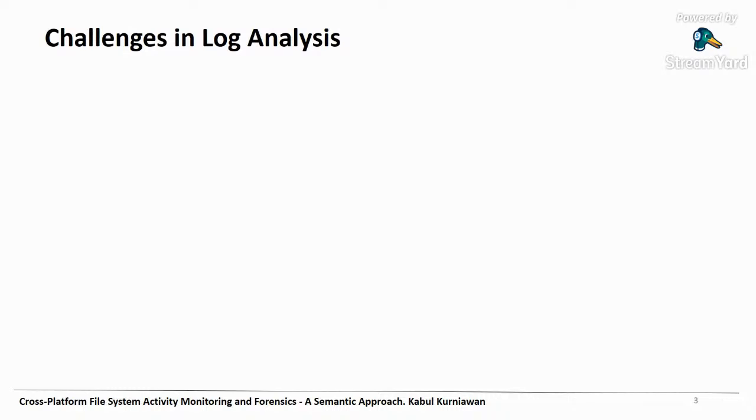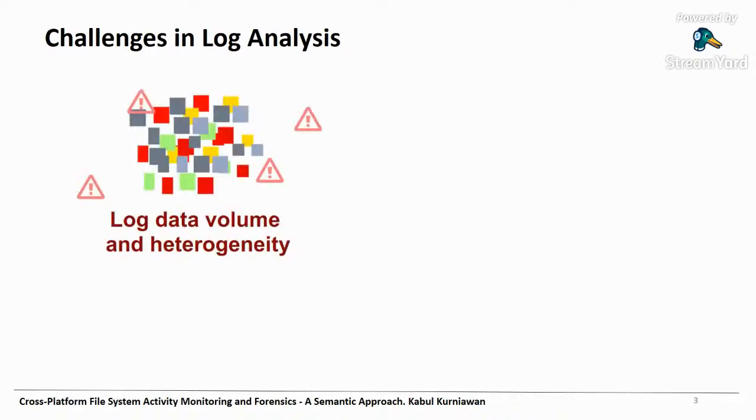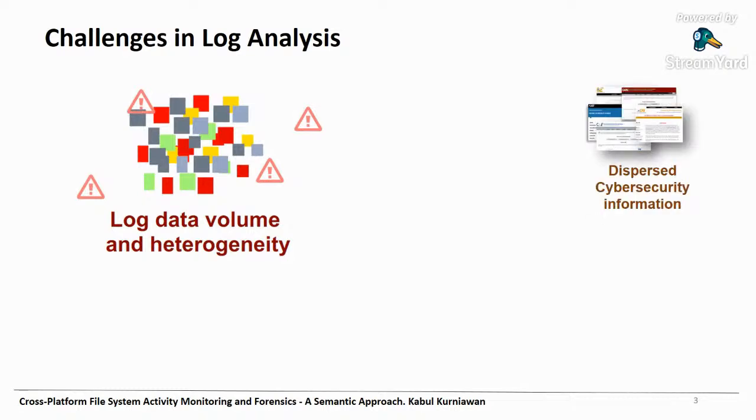But the challenge is that, for example, the log data that can provide clues of attack indicator are typically dispersed, heterogeneous, and in a high volume. And also it requires additional information which is not included in the log files, for example, cybersecurity information that provides helpful information in terms of containing attack or enabling insight.